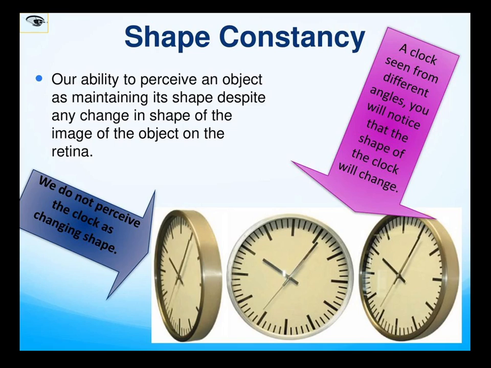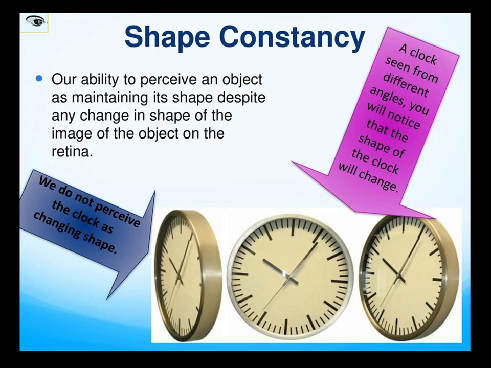If we look at the image in front of us, we see a watch, right? Of course, we are going to see the clock from different angles. Obviously, if we look at the clock from different angles, the shape of it will appear different.